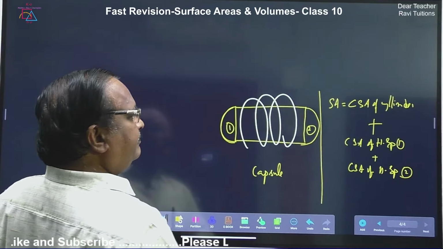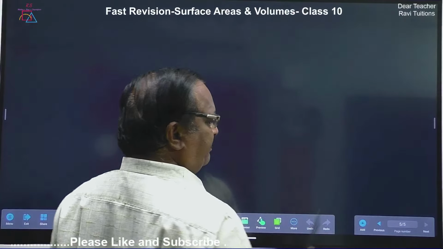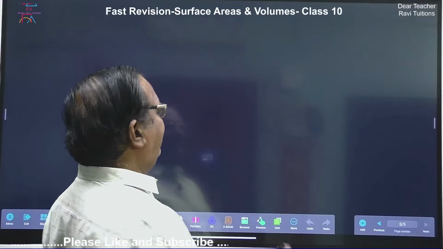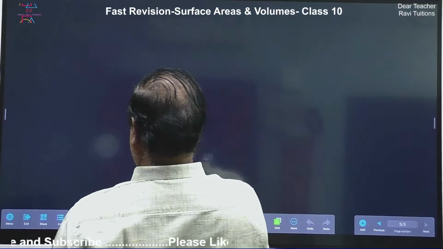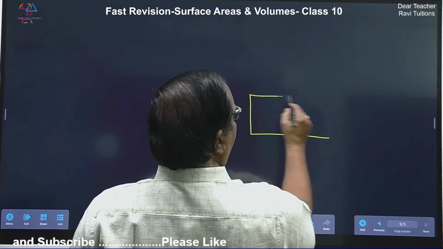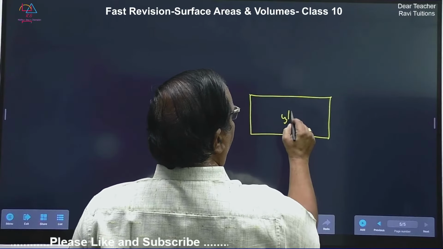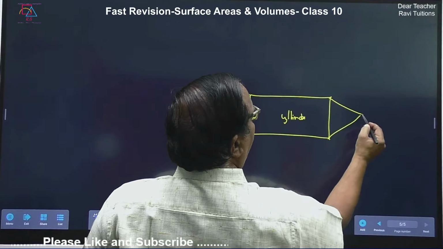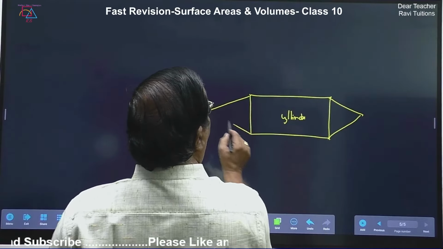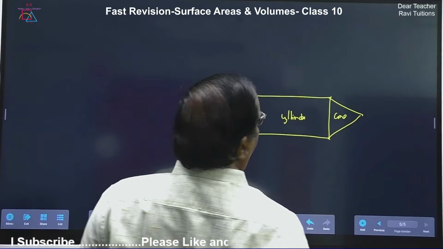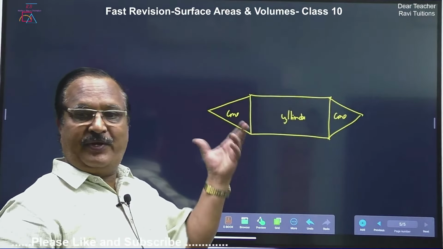So then this is second part. Then what is another part? This is a cylinder and this is a conical part. This is cone and this is cone. This is the shape of a new figure.